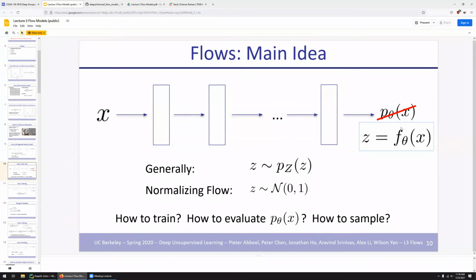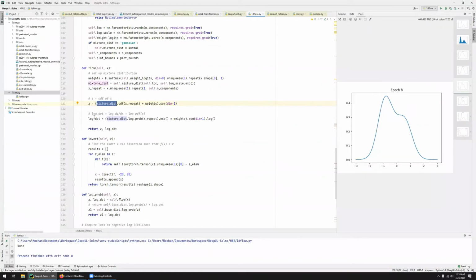If we're not doing flows, we would just say, of course, you put X through here, and then you take the maximum likelihood, the log likelihood of this, and then you backpropagate, right? If it's just one layer, but they do calculate the log determinant of it.